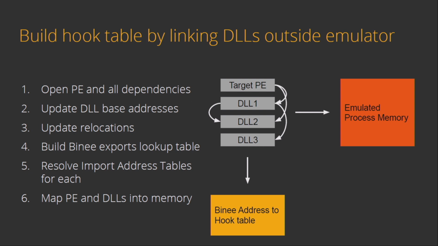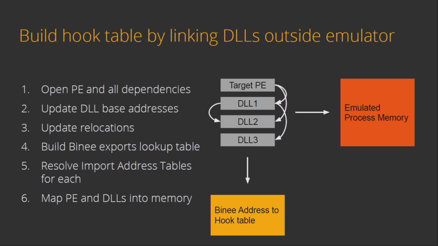So with our PE parser, you load the PE, you get its import tables recursively, you load up all the PEs, and then you update the base address of the DLLs, and once those are all synced up, you throw that in memory. One other reason we wanted to do this outside of the emulator was that once we finish linking everything up, we go back through every DLL and grab the exports.